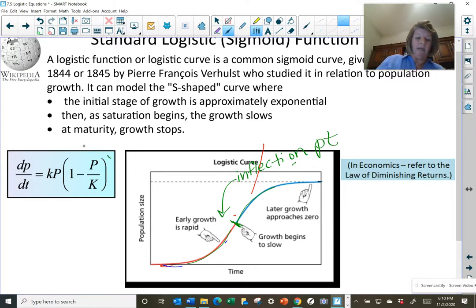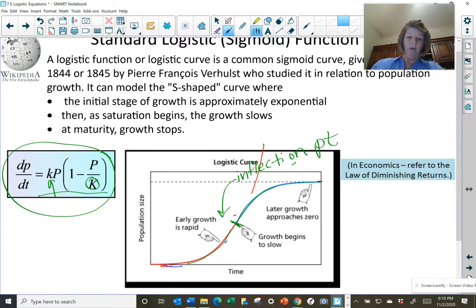And the rate of change for the sigmoid curve is k times P, where this still is some constant of proportionality. P is population, and then I get P divided by capital K, which is different than little k, capital K.